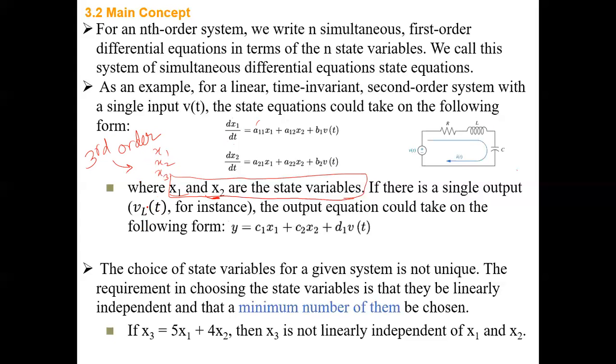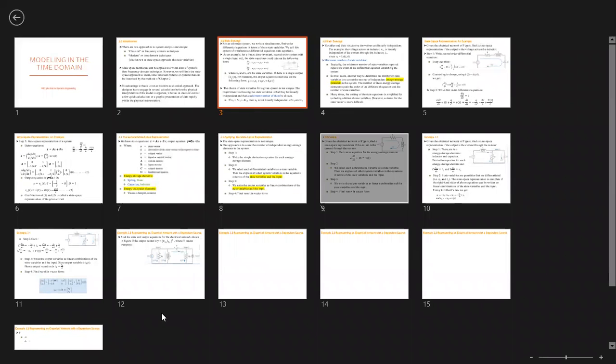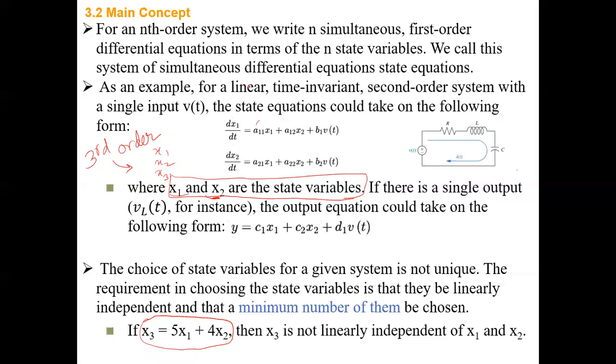If somehow you can write x3 as a linear combination of x1 and x2 like this, then in that case your x3 is not linearly independent.